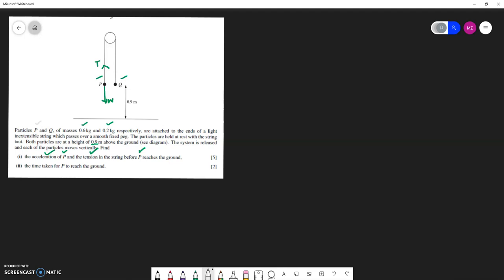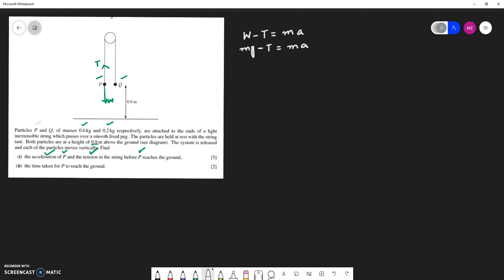Now the particle P is moving downward because its weight is bigger than the weight of Q, so it will move downward. So the net force will be W minus T, which according to Newton's second law of motion is equal to mA. Now W is mg, so mg minus T is equal to mA.